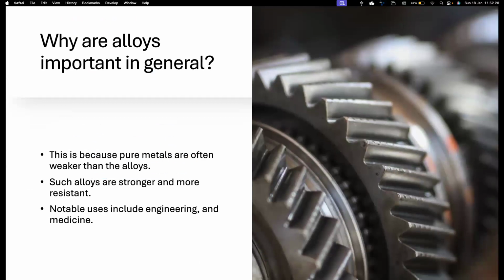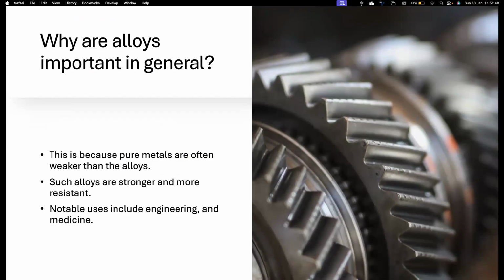So now, why are alloys important in general? Alloys are important because pure metals are usually weaker than the alloy form. When additional elements are added to a metal, they disrupt the regular layers of atoms.